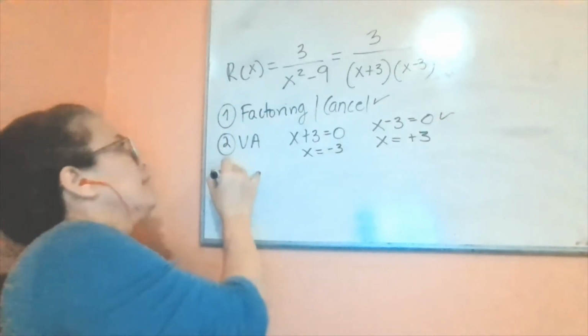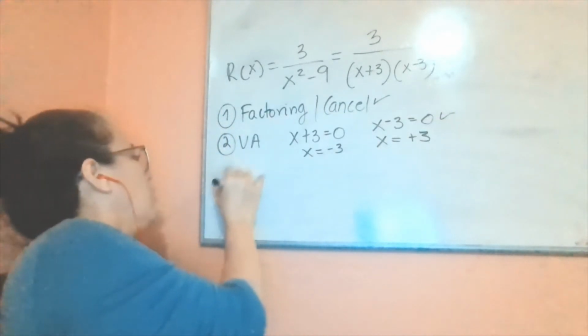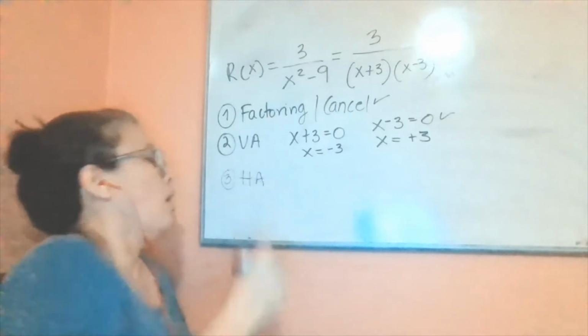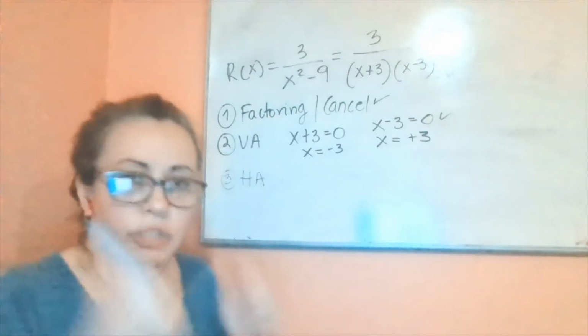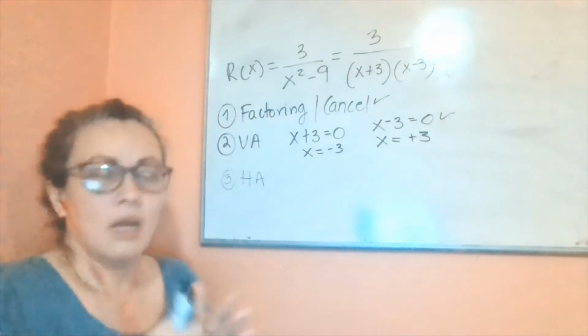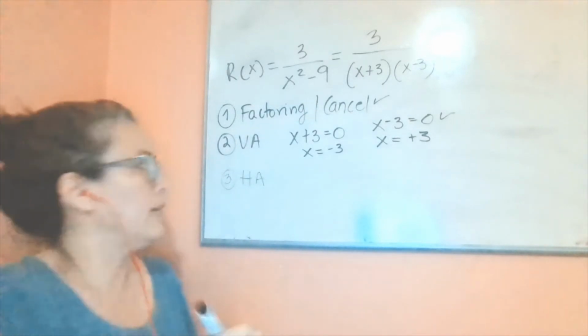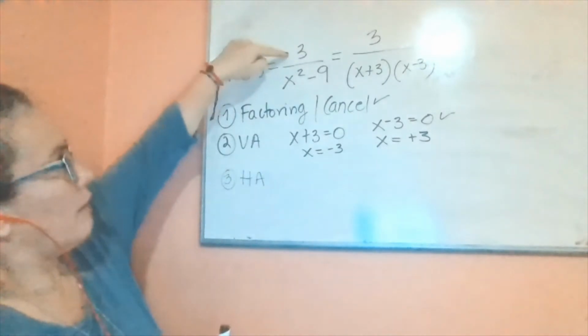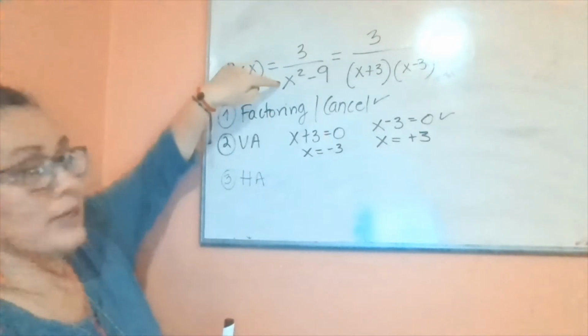The next one is horizontal asymptotes. Horizontal asymptotes, you have to check 3 basic rules with this. The first one is, what if the degree of the numerator is less than the denominator?